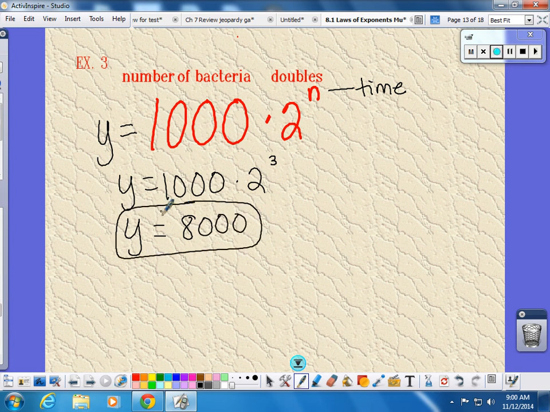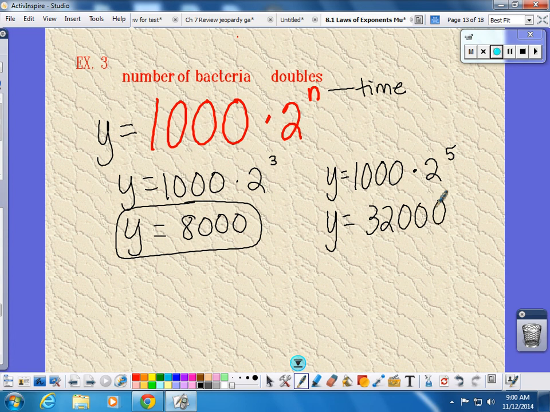So that 1,000 bacteria in 3 hours became 8,000 bacteria. Alright, so how many bacteria would we have at 5 p.m.? Well, again, I started out with 1,000 bacteria. They're doubling every hour, and from noon to 5 p.m. has been 5 hours. 2 to the 5th is 32, and 32 times 1,000 is 32,000.